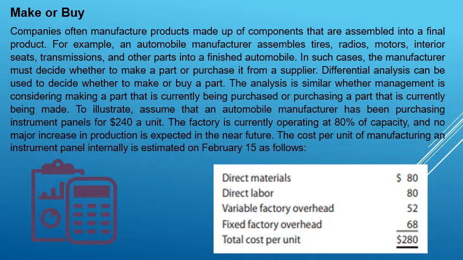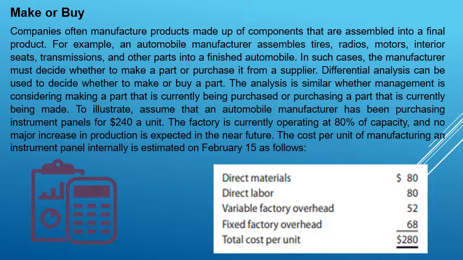Differential analysis can also be used when a company is torn between making a product or buying it. Companies often manufacture products made up of components that are assembled into a final product. For example, an automobile manufacturer assembles tires, radios, interior seats, and transmissions and other parts into a finished automobile.